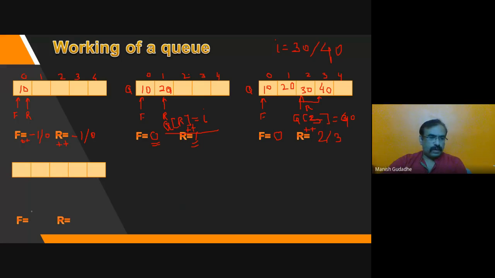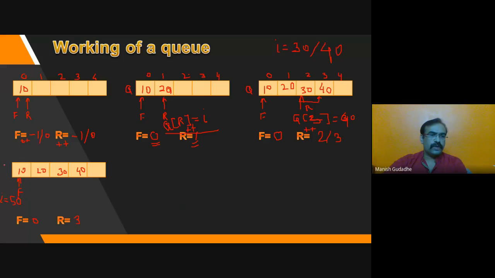So f is right now 0 for us, r is 3 for us. Let us say that we wish to add an element 50. Already we have inserted 10, 20, 30, 40. So f is going to point to the first element only.